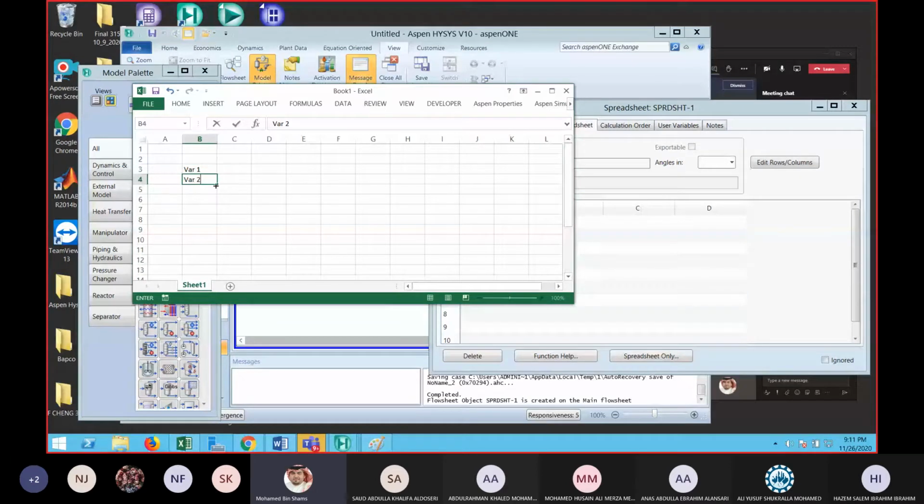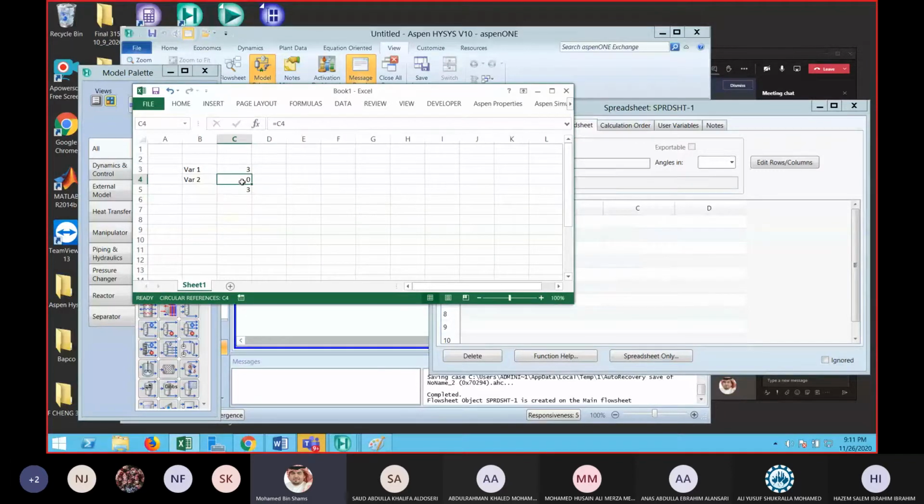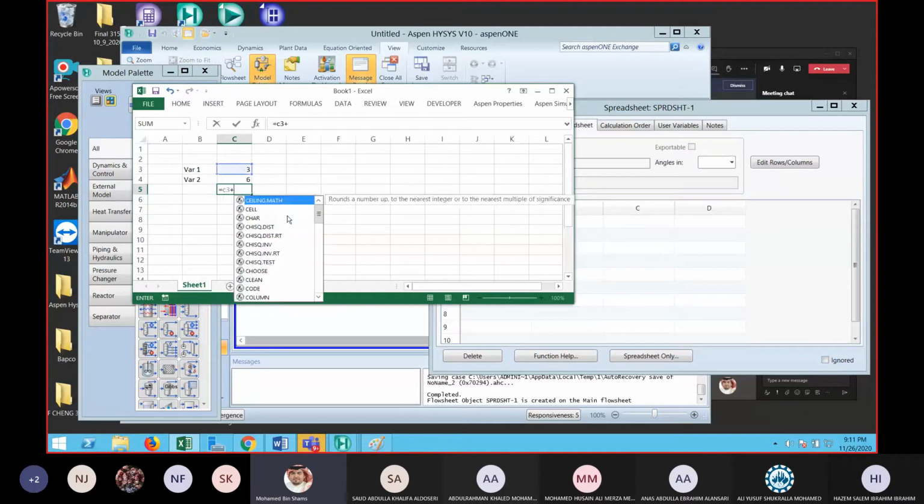Then I write my values, 3 or 5. And then I can do an operation here. So I can tell it C3 plus C4. Let's say this is column C, so I tell it C3 plus C4.